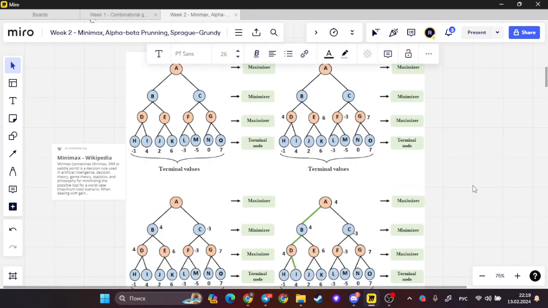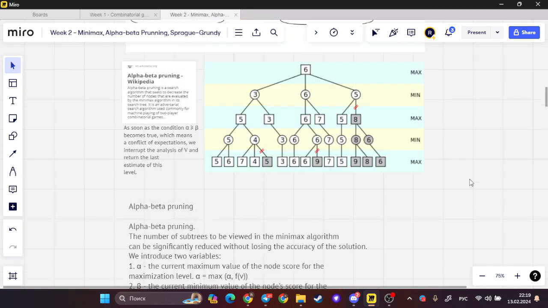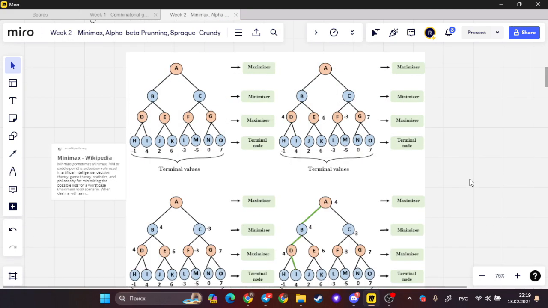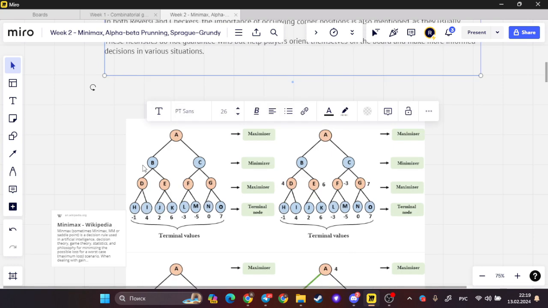We need to use the Minimax algorithm and the alpha-beta pruning algorithm for it. In the beginning of the algorithm, we calculate the function for states that we can reach.